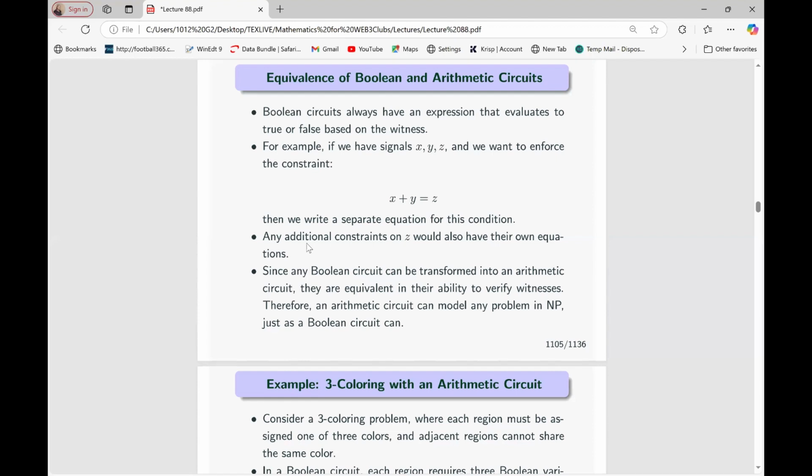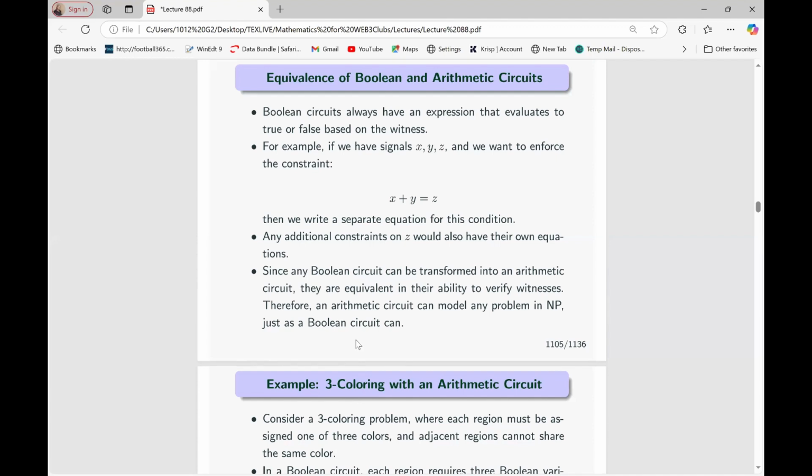Writing equations will assist us to ensure that if I wanted to color the map of Africa, Kenya is neighboring Tanzania, so they should have different colors. And I have only three colors. This is a three coloring problem. I have three colors, and I ensure that Kenya, which is bordering Tanzania, which is bordering Sudan, and so on, have no countries that are neighboring each other colored by the same color.